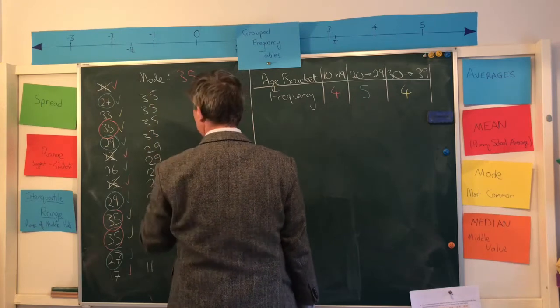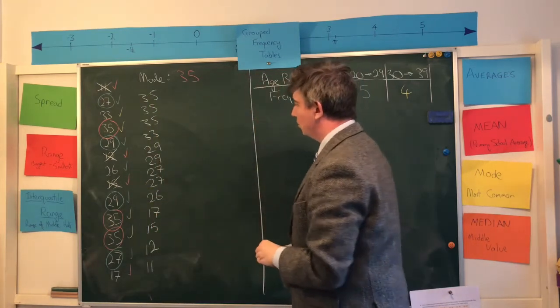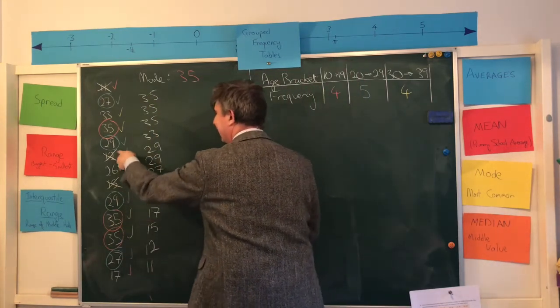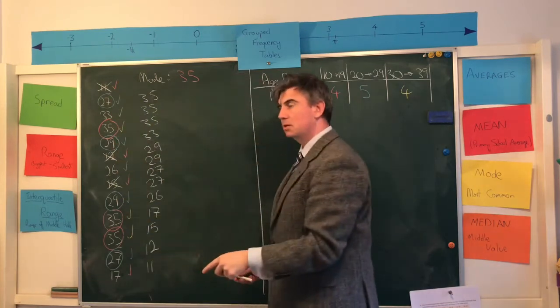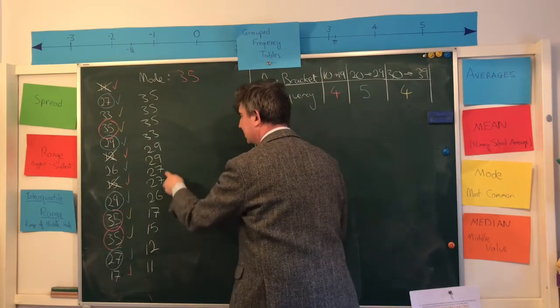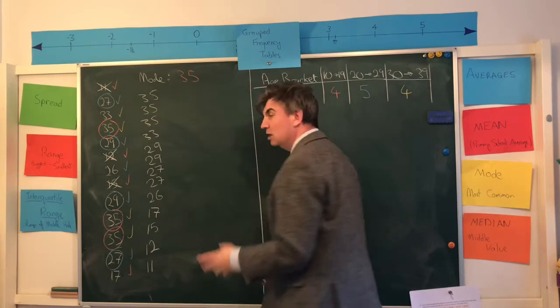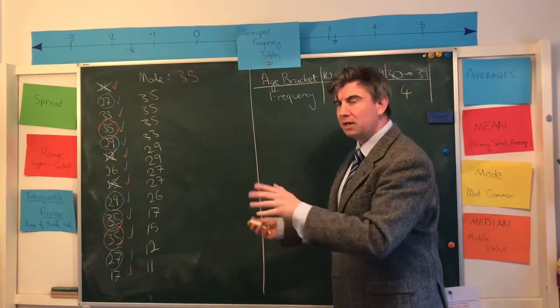Is that right? So I started out with 13 terms. Here I have 13 terms. So it looks okay. I could have made a mistake, but I think I'm okay with that.